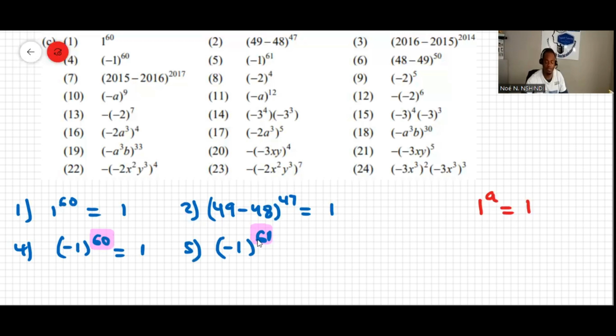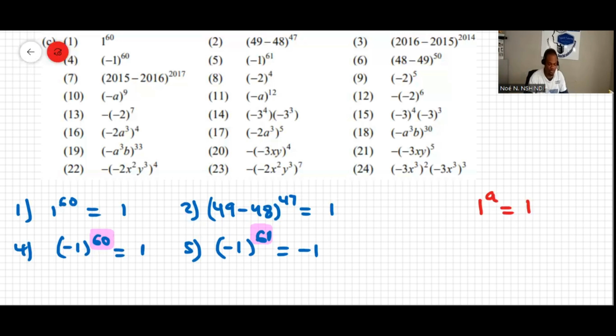But when the exponent is odd, the answer will have the sign of the base. If the base was positive, the answer will be positive. If the base is negative, like in this case, the answer will still be negative. This is going to be negative 1. Then I'll leave 6, 7, 8, 9, 10, 11 for you to practice.